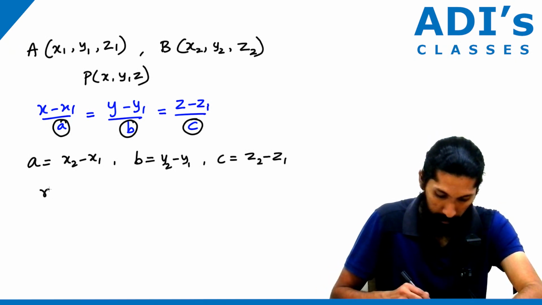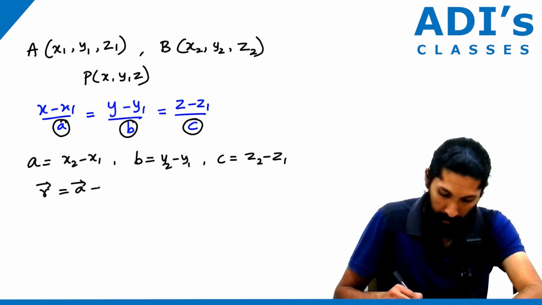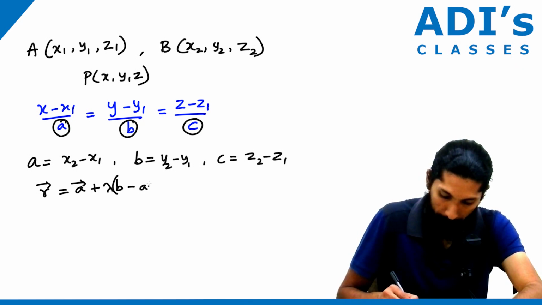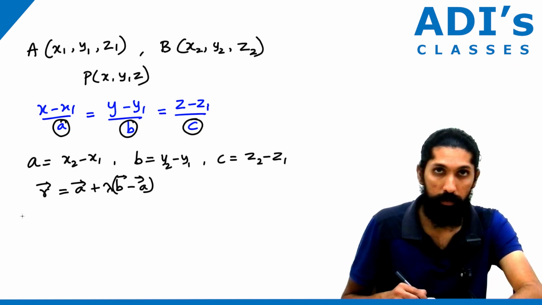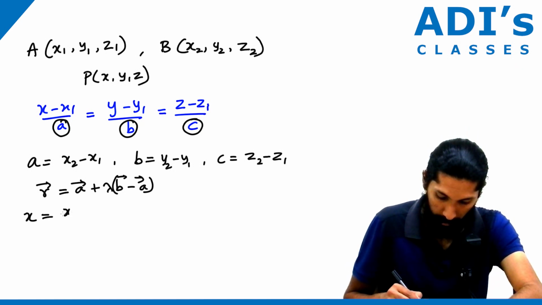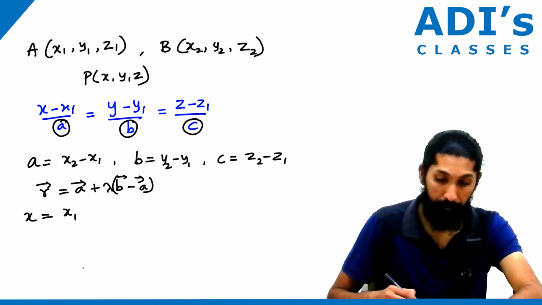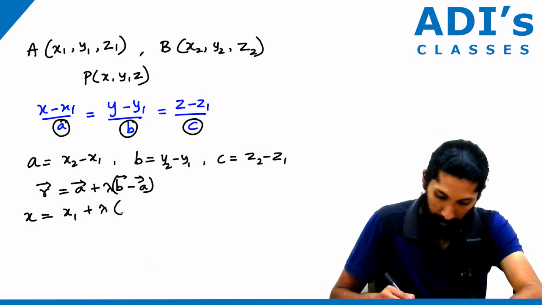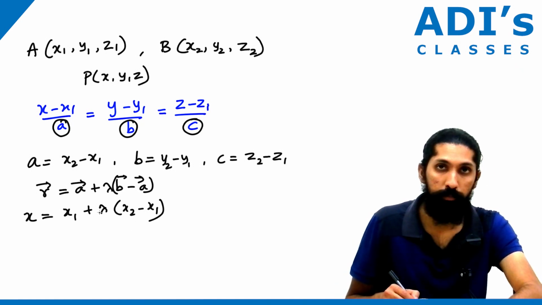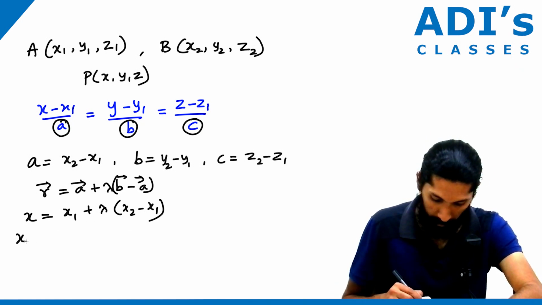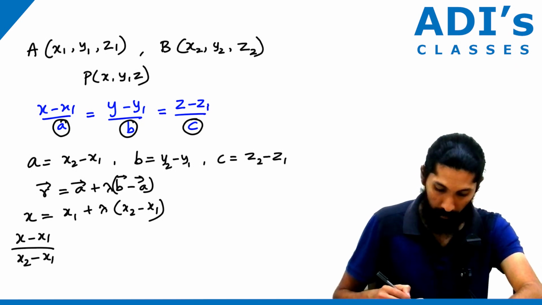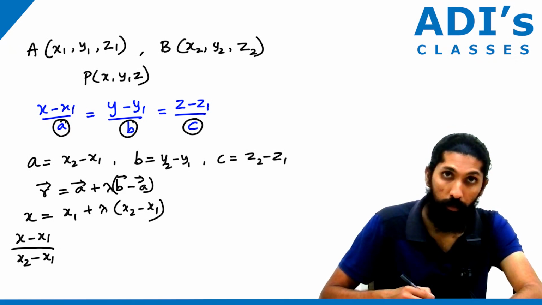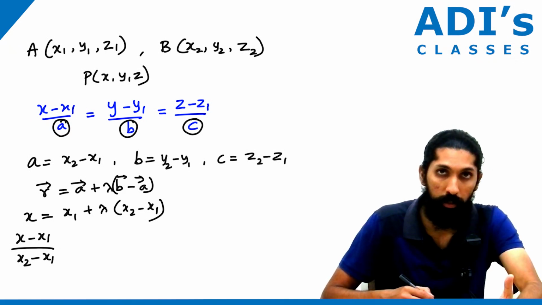If you take R is equal to A plus lambda into B minus A here, so if I just take the value of x, we have x is equal to x1 for A plus lambda into x2 minus x1. If you make lambda the subject of formula, don't you think you will get x minus x1 divided by x2 minus x1? Isn't it the same as A, whatever we have just done here?